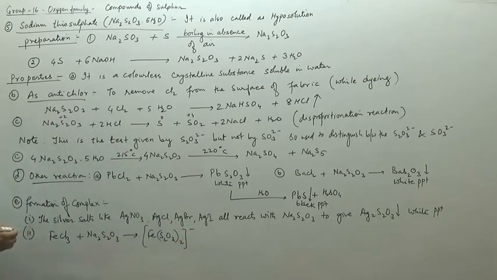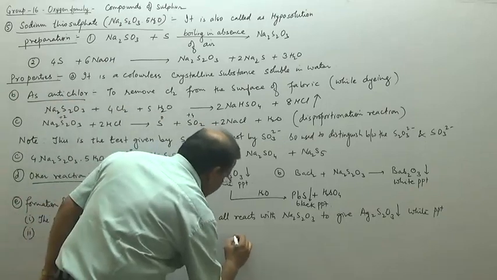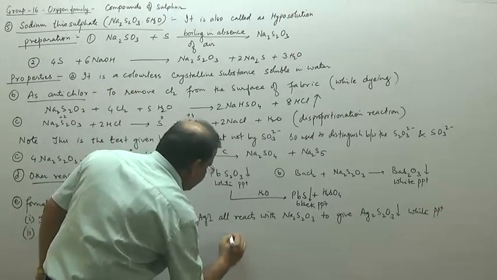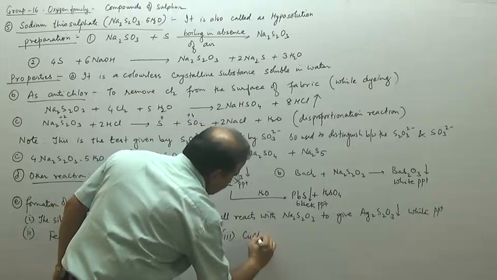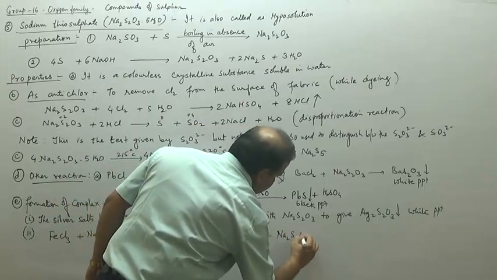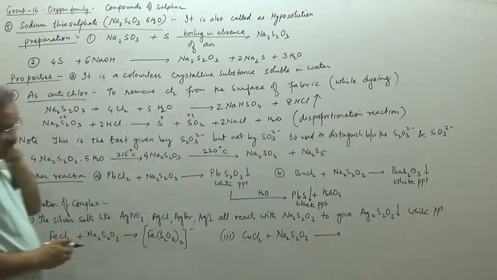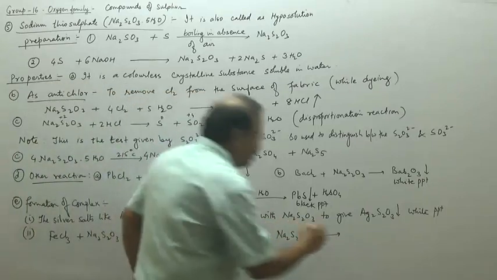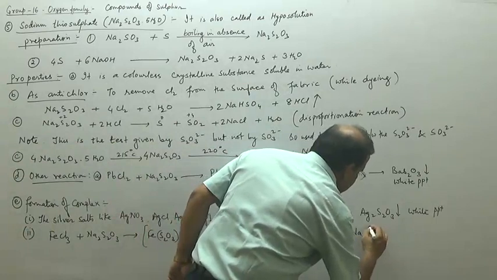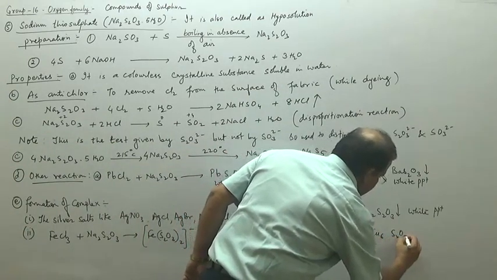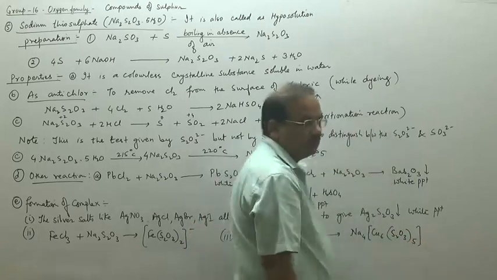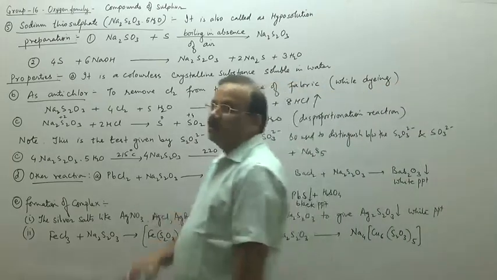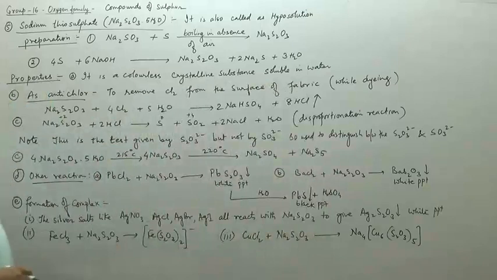And third, when CuCl2 reacts with Na2S2O3, it forms a complex, Na4[Cu6(S2O3)5]. So with CuCl2 we get a complex like this. It forms a complex with many salts like these.